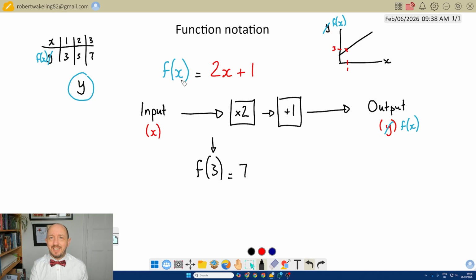But when you see it in this f of 3 notation, it sends students into a spin. So first thing to remember, f brackets x, f of x, is just another way of saying y. And when you see x, you replace it with whatever went in here.